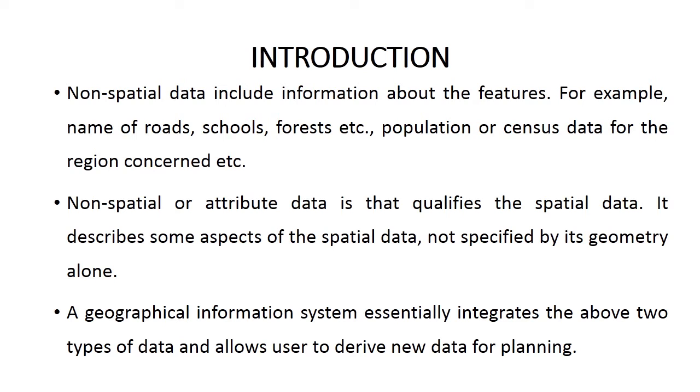It describes some aspect of the spatial data not specified by its geometry alone. A geographical information system essentially integrates the above two types of data and allows the user to derive new data for planning.